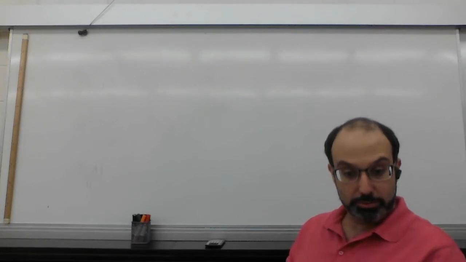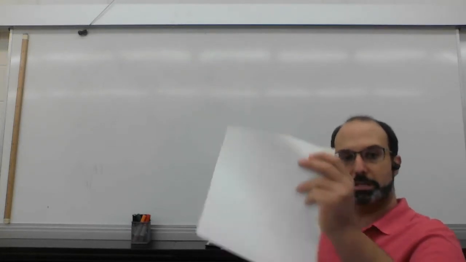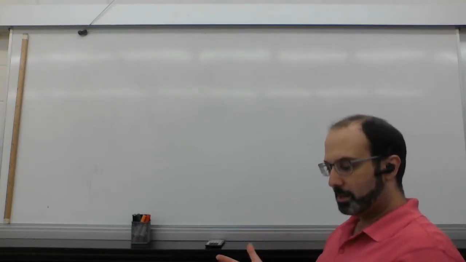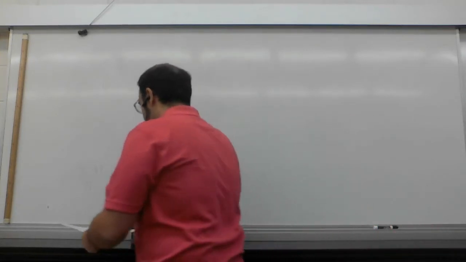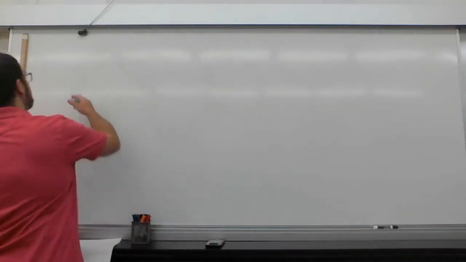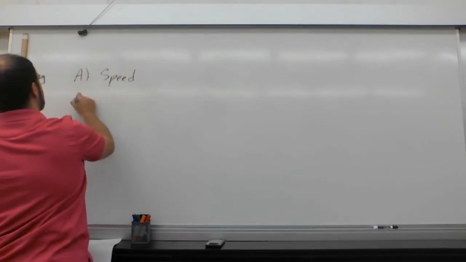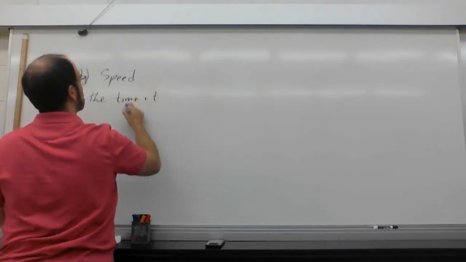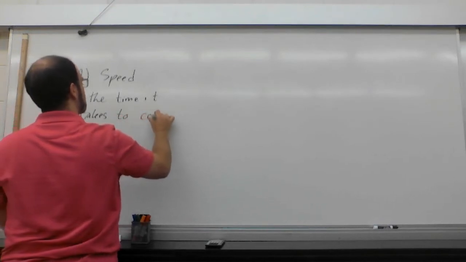But for a quick review, and remember, you have a copy of your notes. The quick review here, as it says, is that speed is the time it takes to cover a distance.